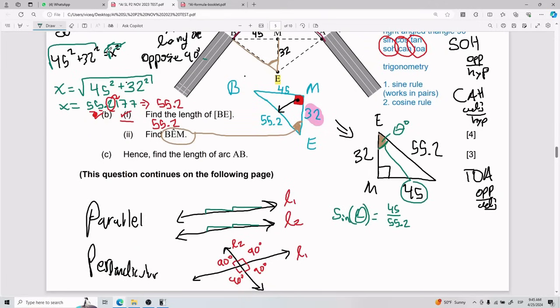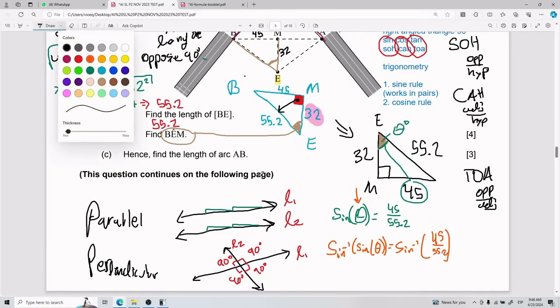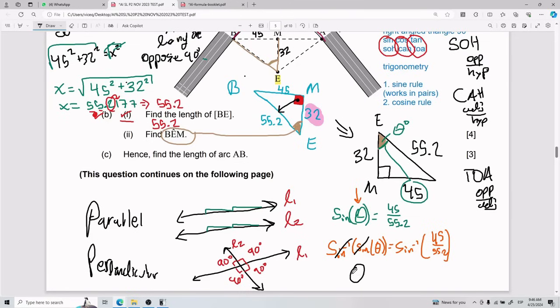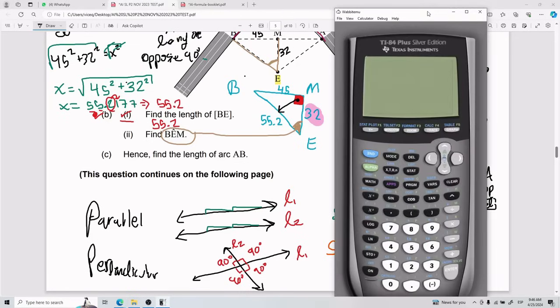And from here, to get this theta alone, you need to get rid of the sine. So what's the opposite of sine? Sine inverse. So if you do sine inverse to both sides, which is the same as dividing by 2, it's just something you need to do to both sides. You end up with only theta, which is the angle you're looking for, equal to sine inverse of all of this.